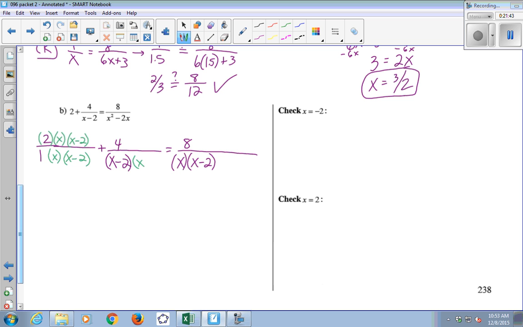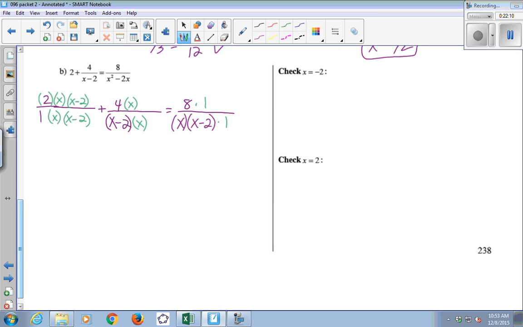I'm not even going to write the 1 because multiplying by 1 doesn't change the value of anything, but technically we're putting a 1 there. Okay, last fraction, what does it need? A 1, and again, I can write it if I want, but 8 times 1 is still 8. And x times x minus 2 times 1 is still x times x minus 2. All right, so I've built my common denominator.